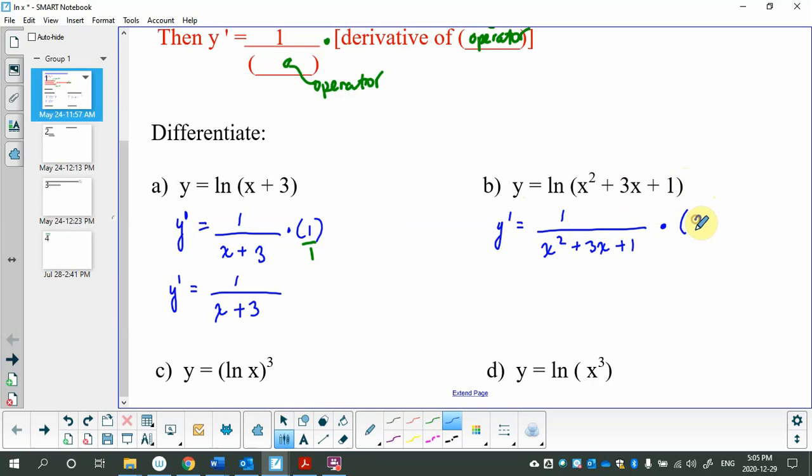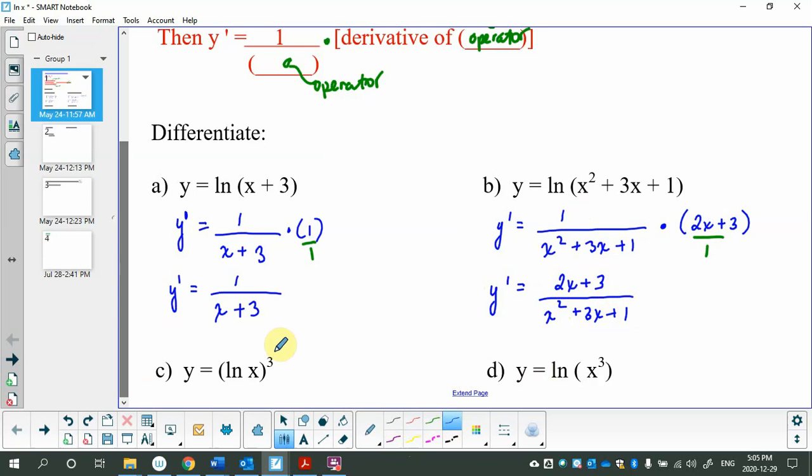It'll be 2x from that first term plus 3 plus 0, and again, that's over 1. So my end result for y prime is 1 times 2x plus 3, so 2x plus 3, over 1 times x squared plus 3x plus 1, which is x squared plus 3x plus 1.